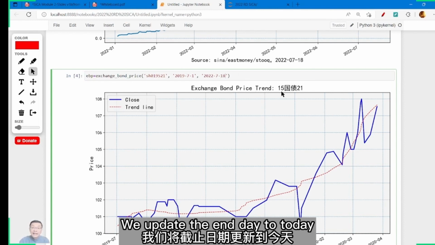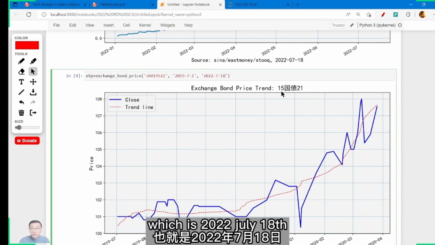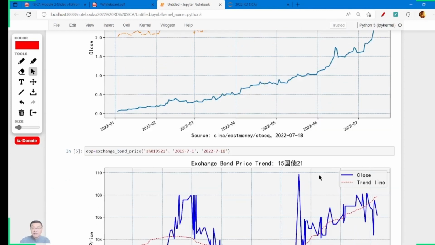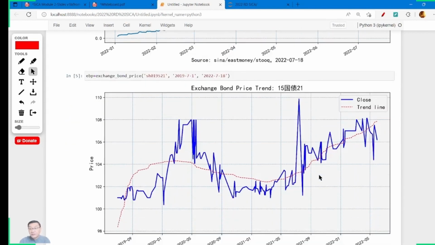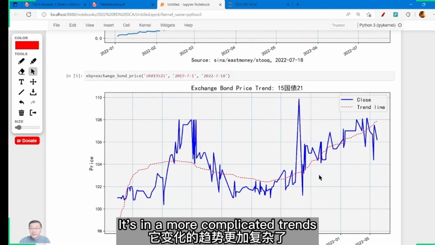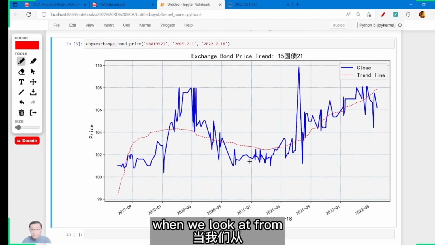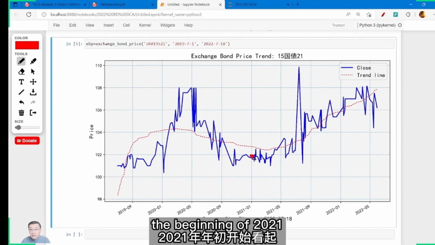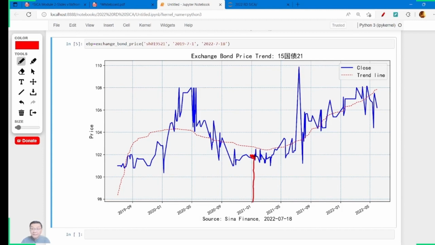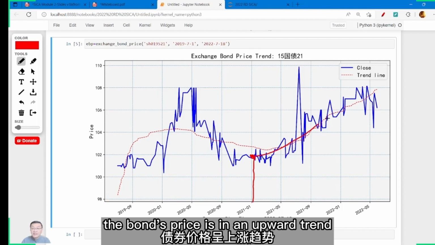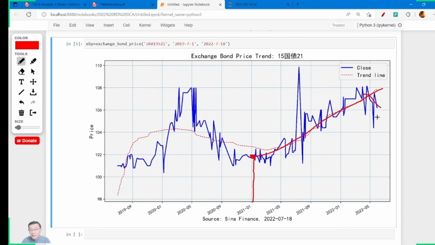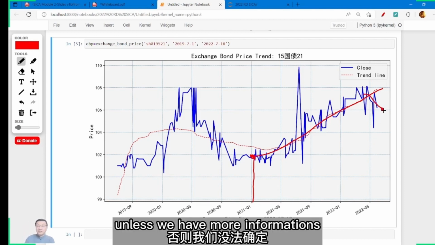We update the end date to today, which is 2022, July 18th. Let's see the situation. Wow, it's a more complicated trend. When we look from the beginning of 2021, the bond's price is in an upward trend, but now it's a little bit of a downward trend. Not sure about that, unless we have more information.